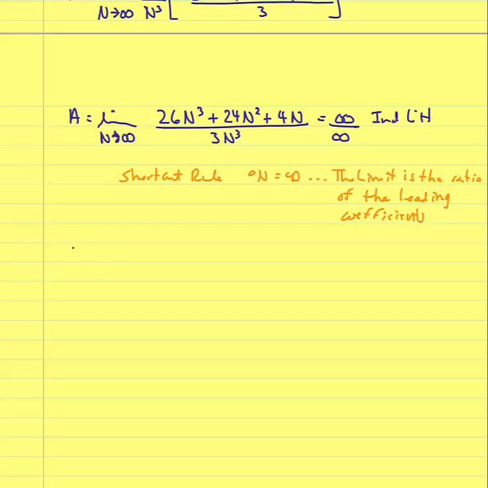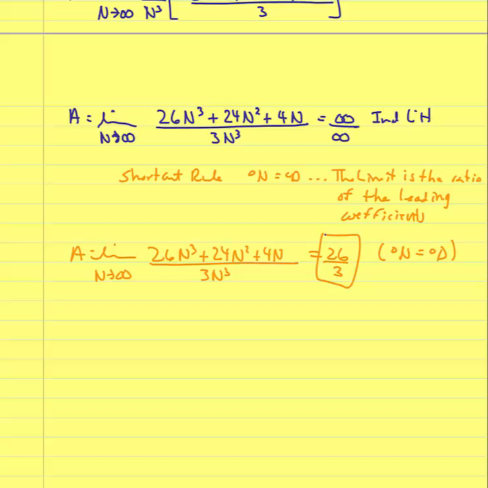So if I want to look at this area, then limit as n approaches infinity of 26n cubed plus 24n squared plus 4n all over 3n cubed is equal to 26 thirds, and I can't just say equals 26 thirds. I need to say why, because the degree in the numerator equals the degree in the denominator, and that's my solution.